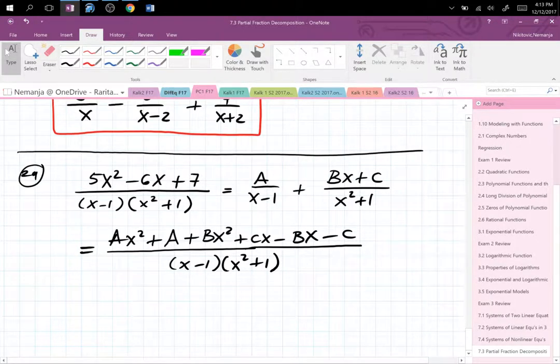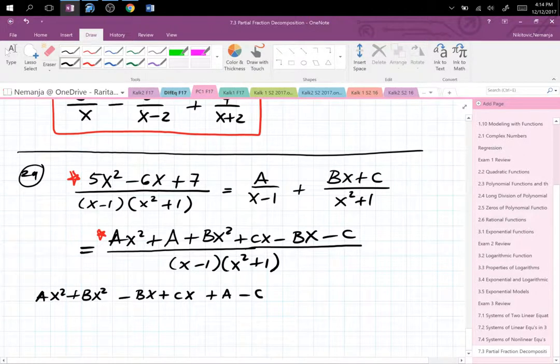So now I hope you see that the expression here and the expression here have the same denominators, so we can compare those. I'm going to write ax squared plus bx squared minus bx plus cx plus a minus c is equal to 5x squared minus 6x plus 7.